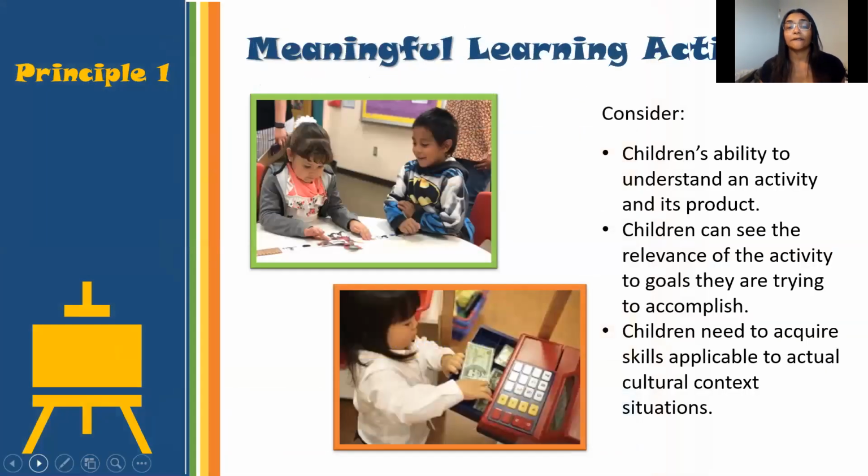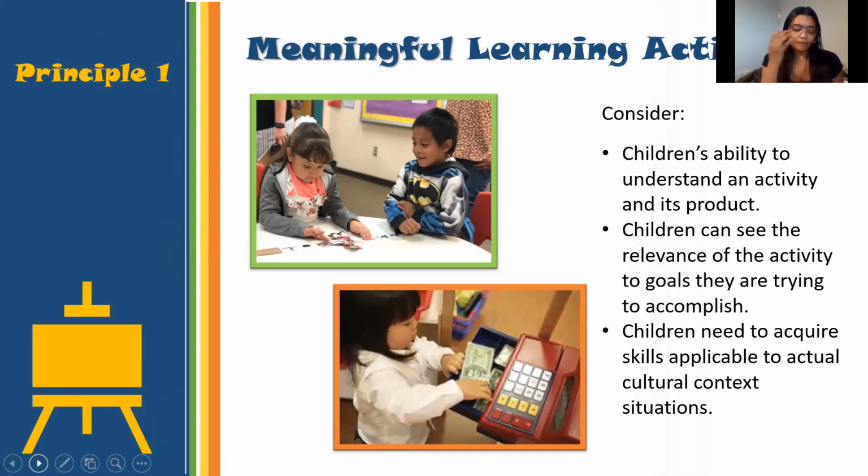And we have the first principle, that is meaningful learning activities. This principle is based on the fact that every developmental theory emphasizes the importance of having children engaged in meaningful activities.